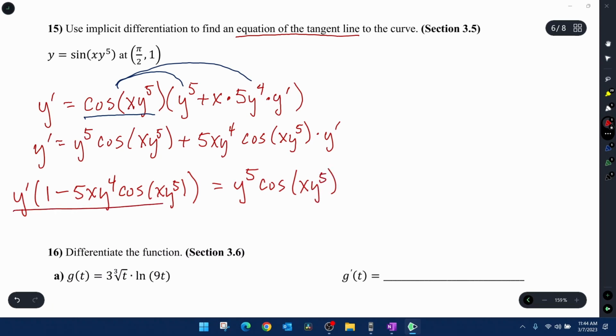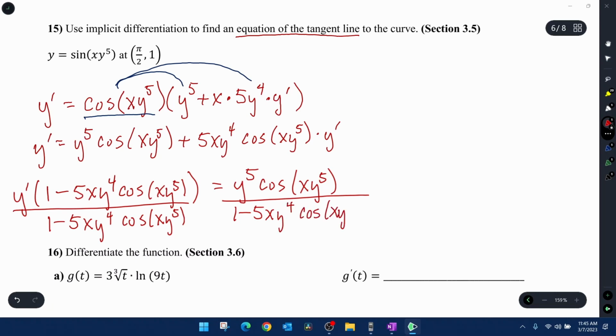And then can I divide both sides by all of this stuff in the parentheses? Cancel.